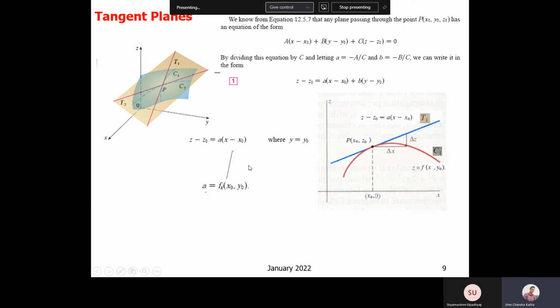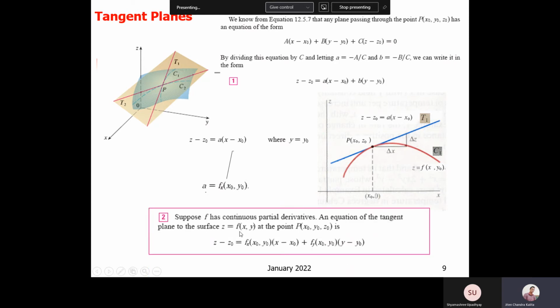Here, small a is nothing but the partial derivative of f at the point x0, y0, and similarly b is the partial derivative of f at the point x0, y0 with respect to y. So if f has continuous partial derivatives, an equation of the tangent plane to the surface z equal to f of x, y at the point P(x0, y0, z0) is simply z minus z0 equals fx(x0, y0)(x minus x0) plus fy(x0, y0)(y minus y0).